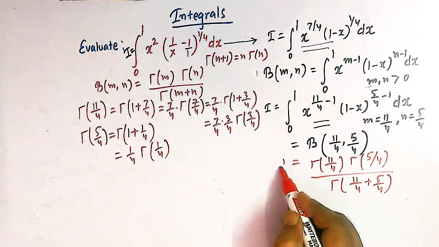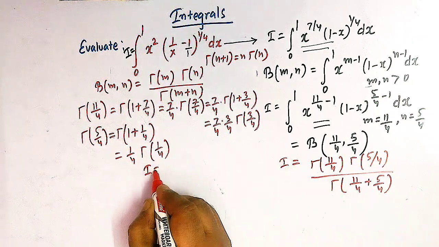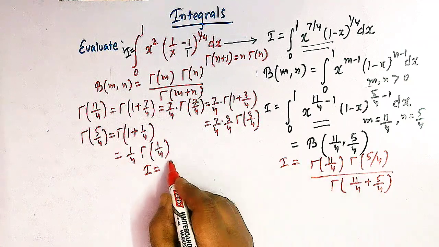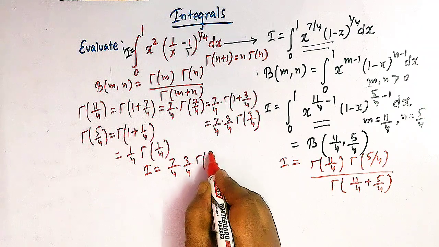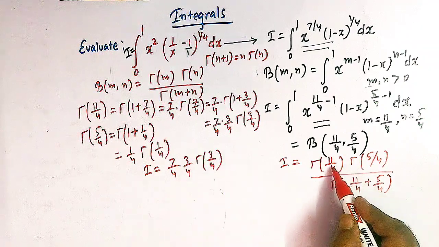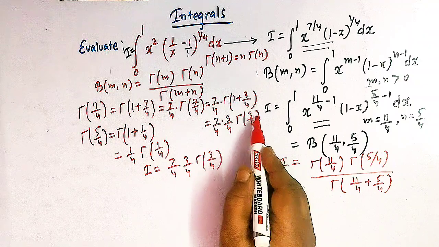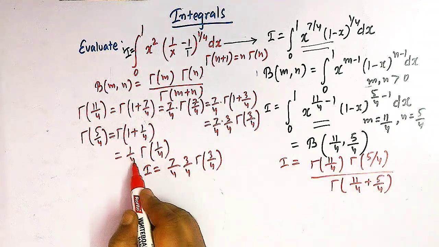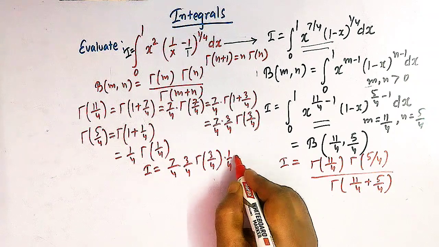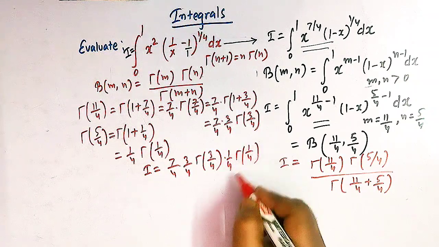So now this integral I can be written as, here we have 7 by 4, 3 by 4, gamma of 3 by 4, right? Gamma of 11 by 4 is substituted here. Then gamma of 5 by 4, this is 1 by 4. Then we have gamma of 1 by 4.